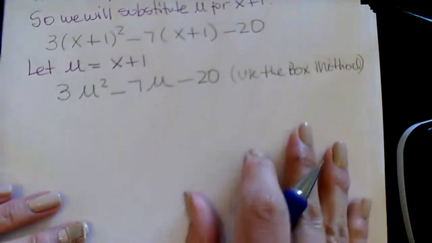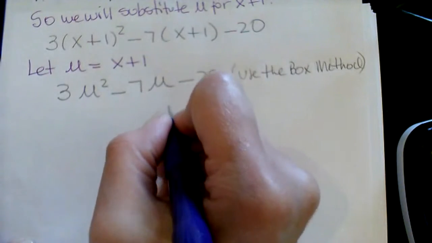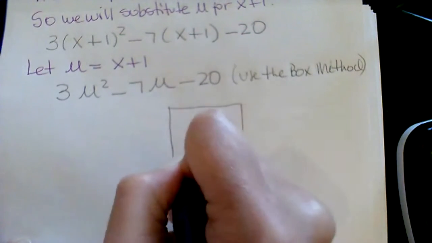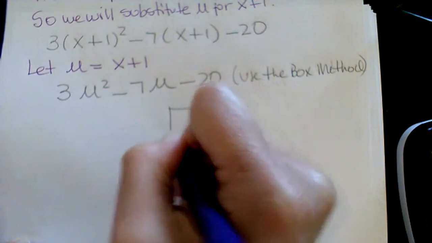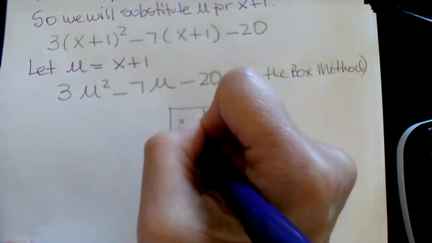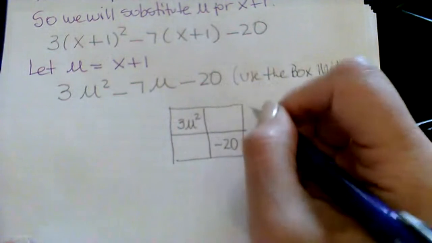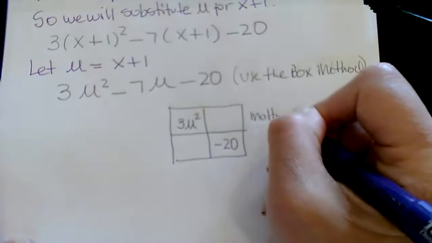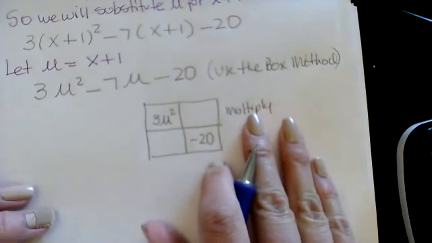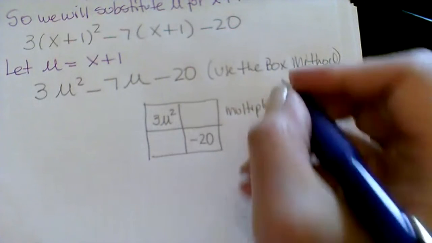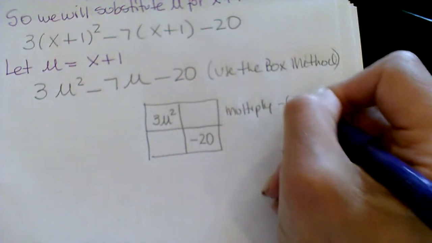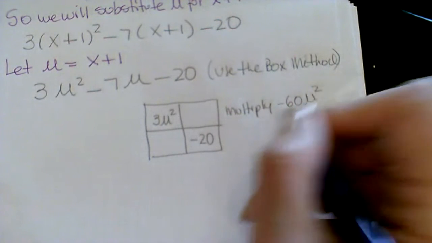Let's do that. So what do we have? We have 3u squared and negative 20. So we need, when we multiply 3 times 20, it's going to be negative 16u squared.